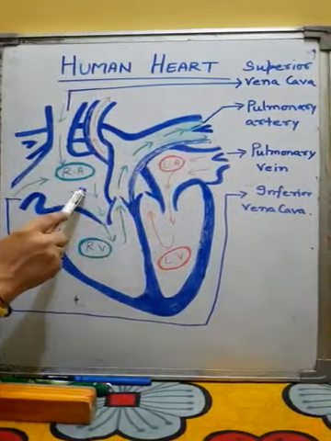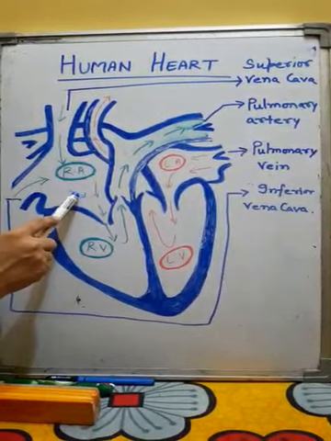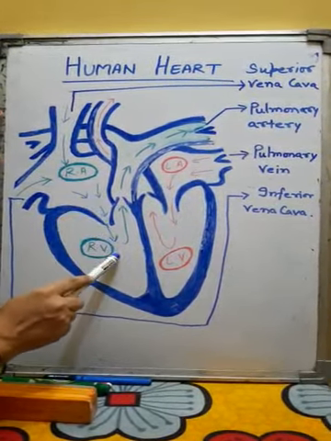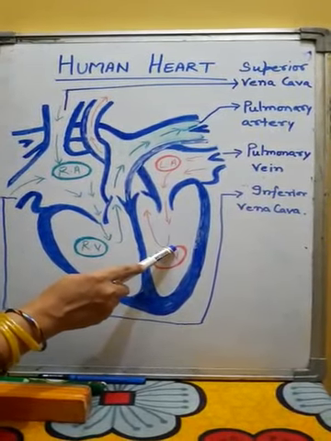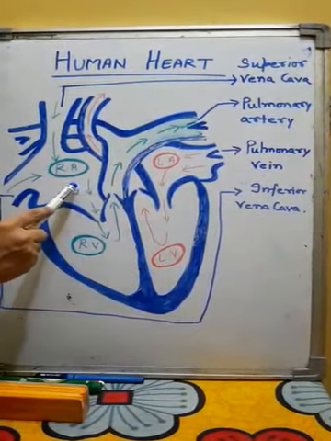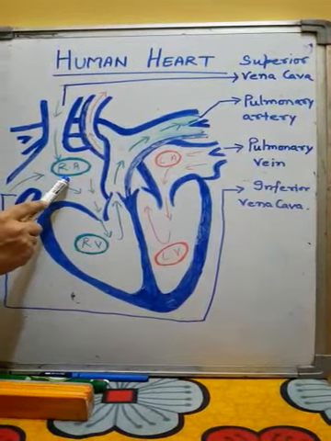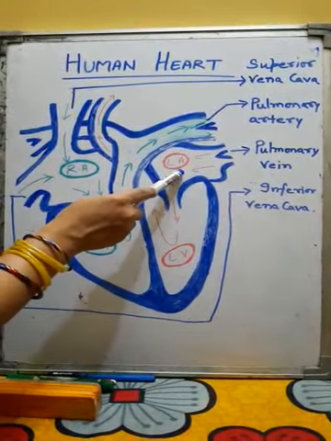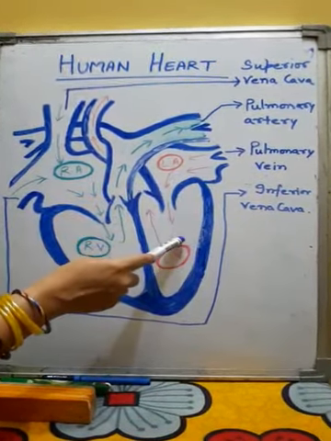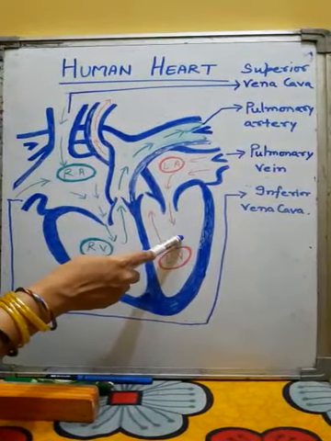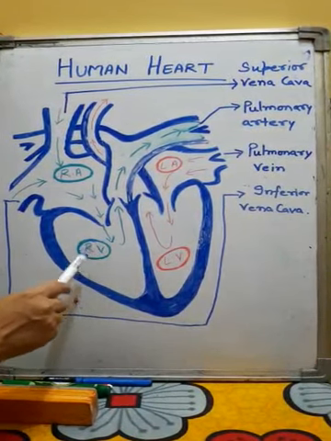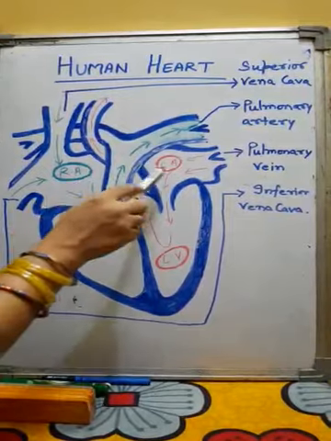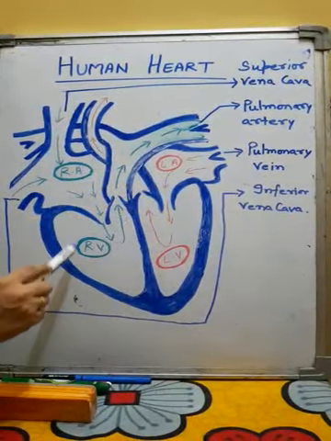This expansion creates a push on this aperture and blood is forced into the respective ventricles. Deoxygenated blood from the right auricle enters the right ventricle and oxygenated blood from the left auricle enters the left ventricle. It creates relaxation of the auricles and contraction in the ventricles.